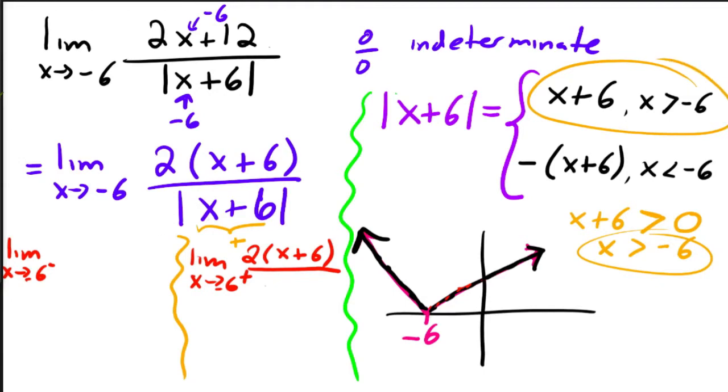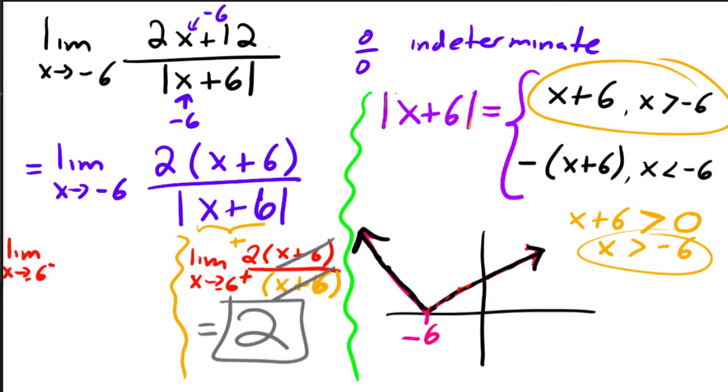So what you're saying is that x plus 6 is equal to the absolute value of x plus 6 if the x values are greater. And since you're coming from the right, of course, that's true. So then these cancel, and this is equal to positive 2.